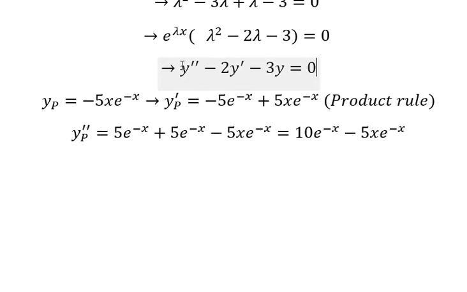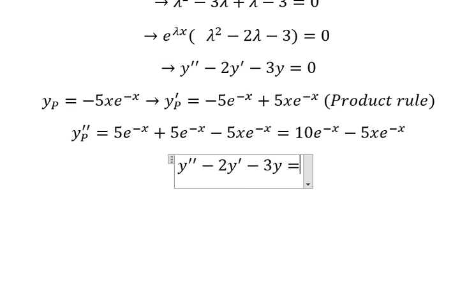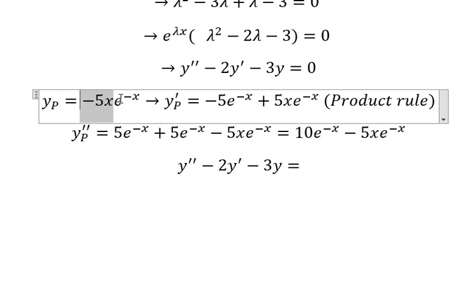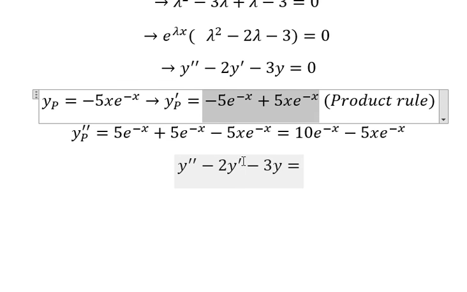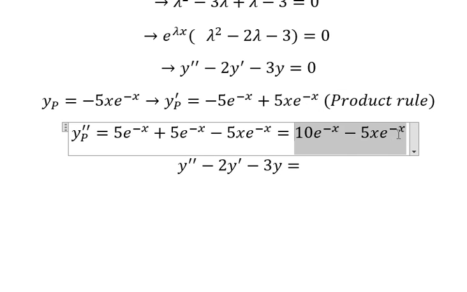Now we have this one. So I will put this one here, this one here, and this one here.